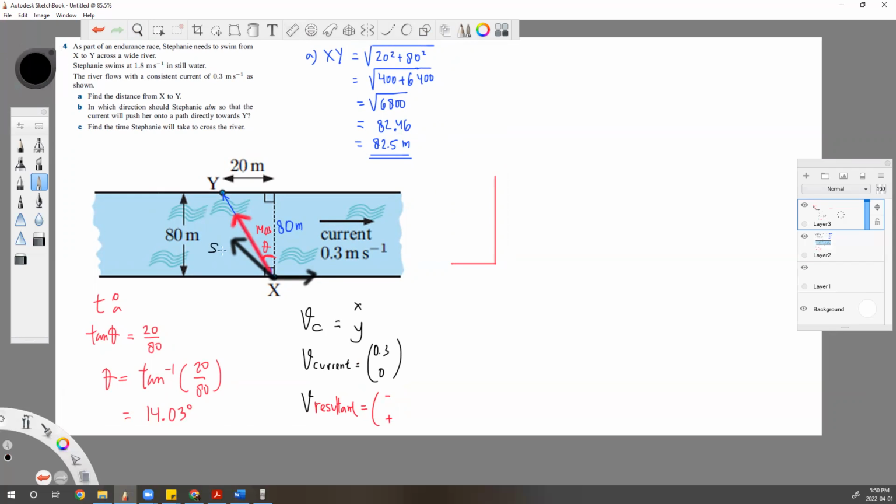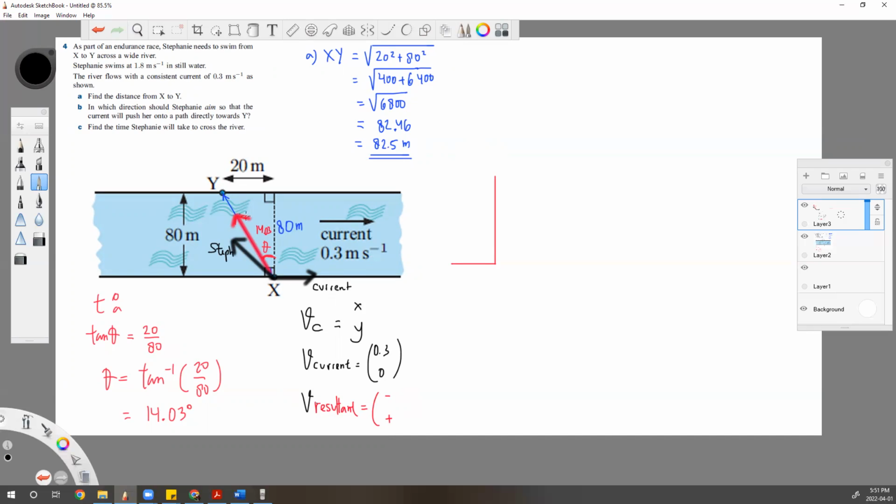This is Stephanie's movement, and this will be the current. So Stephanie goes a bit to the left in order to maintain the XY straight line, and with the help of the current, she will go along the red line. Understand?